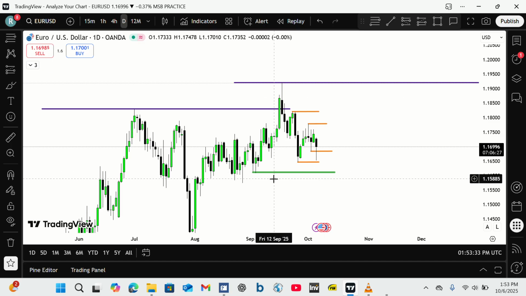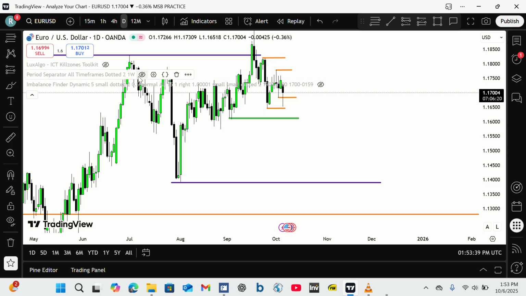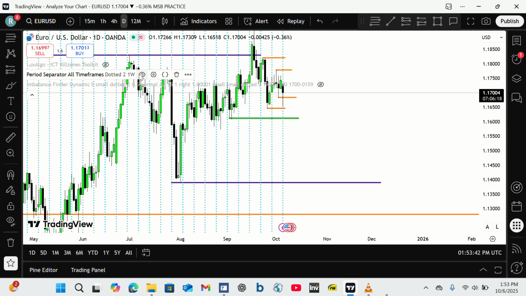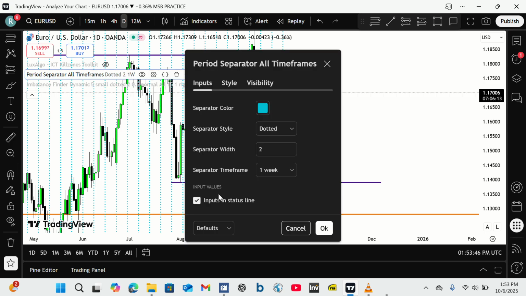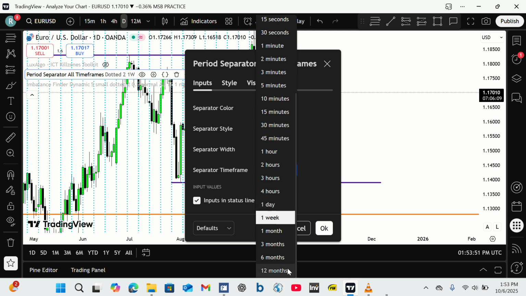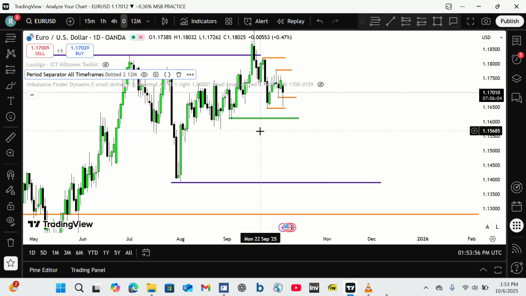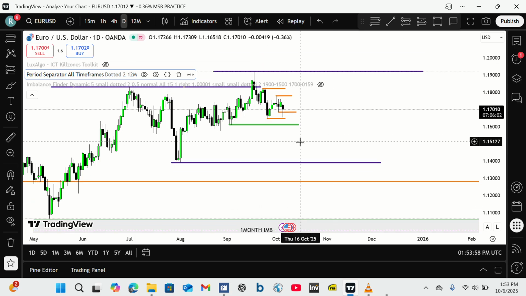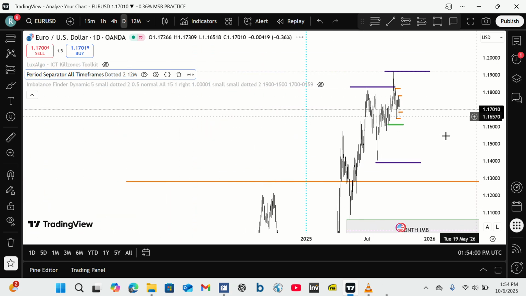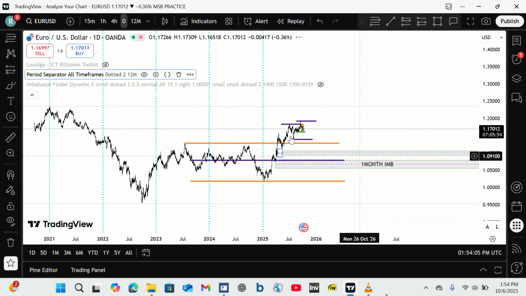So we have the monthly high and low. The 12 months, let me see. So these are the levels.